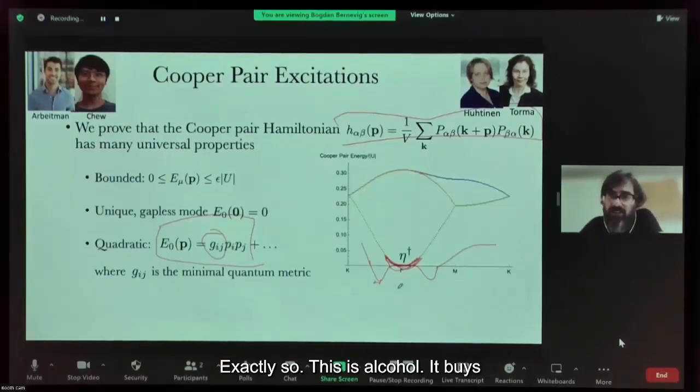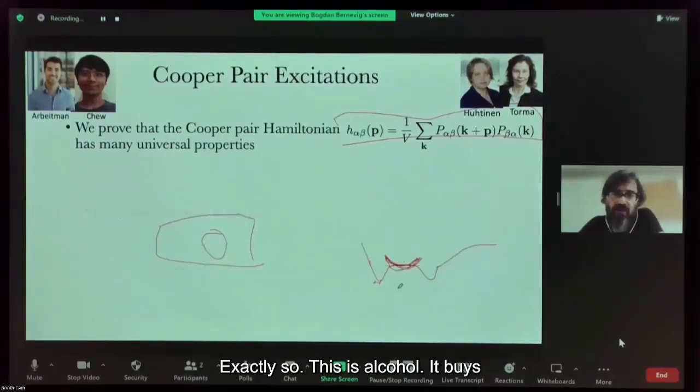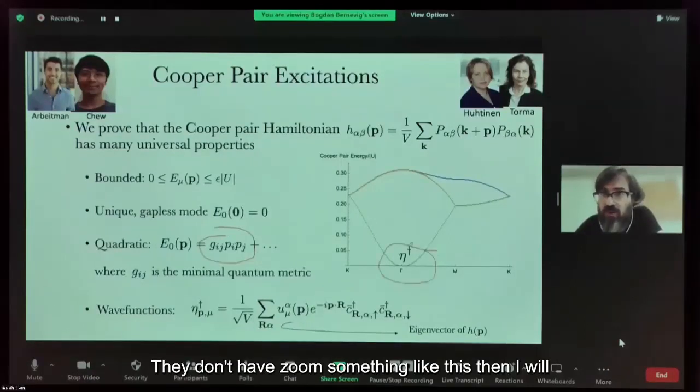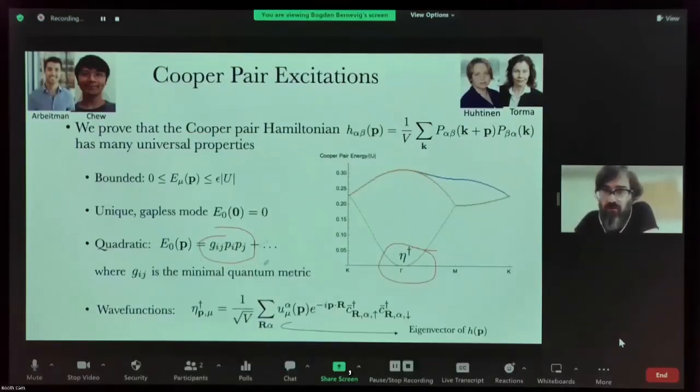But we know here this cannot happen, and this is because of the stiffness of the Cooper mode, the collective mode, which comes from the minimal quantum geometry of the system.